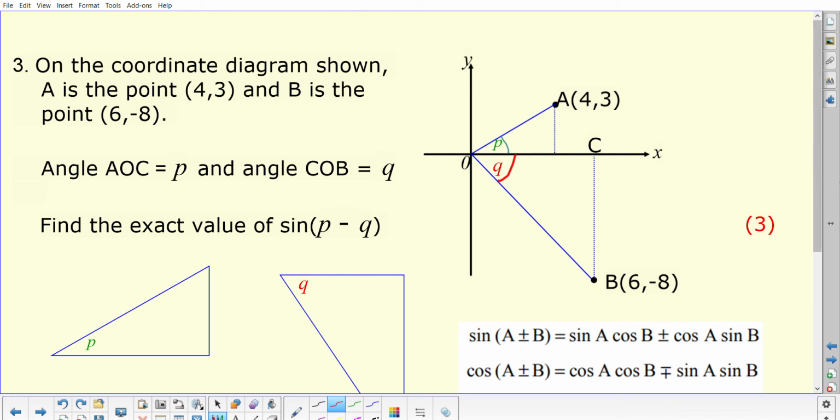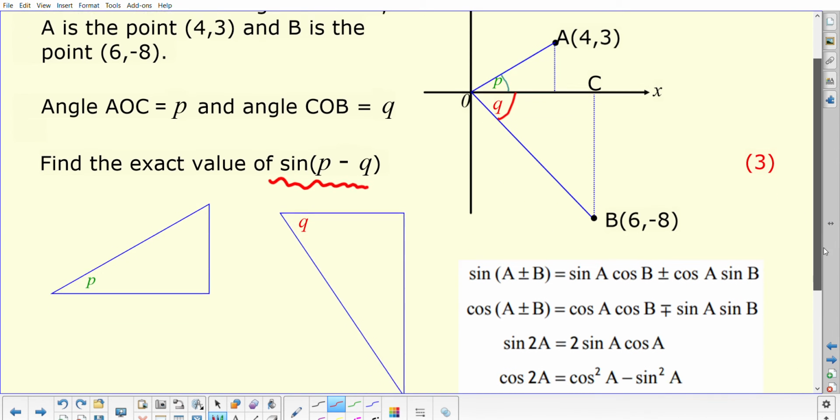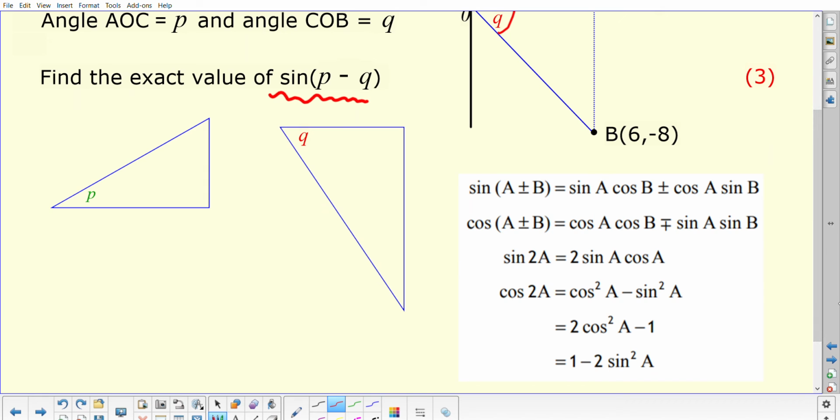So this question here, number 3, clearly you've got a coordinate diagram there, but it's also on about angles, and then it's trying to get you to find the exact value of sine p minus q. Now you should recognise that type of expression and say to yourself, that must be one of the addition formulae type questions, and you would look at your formula sheet, which you can see a bit of here at the side.